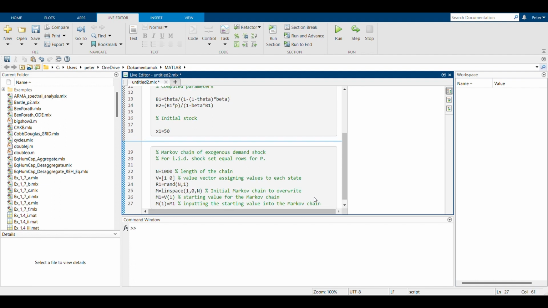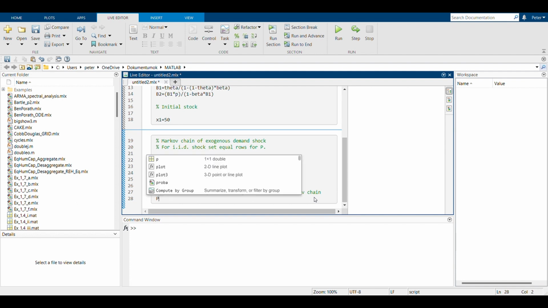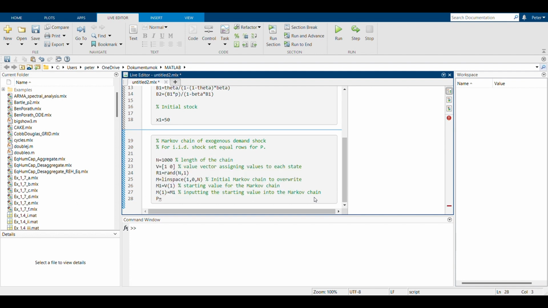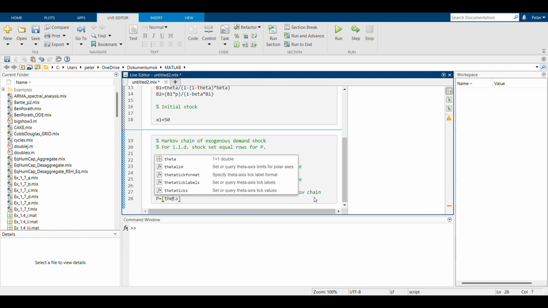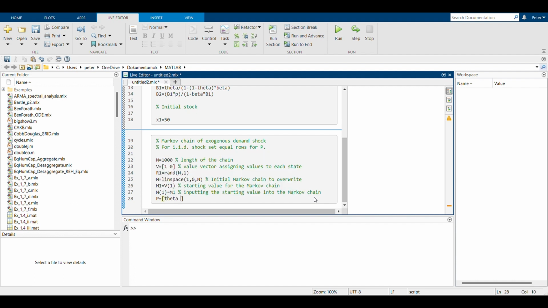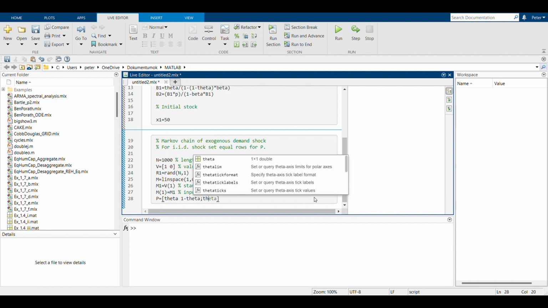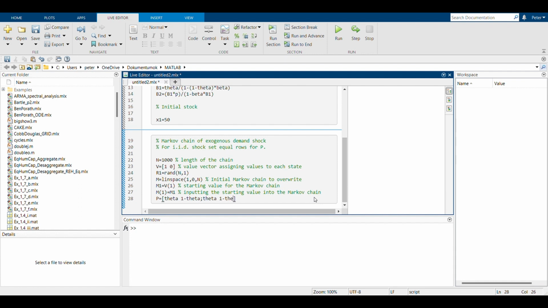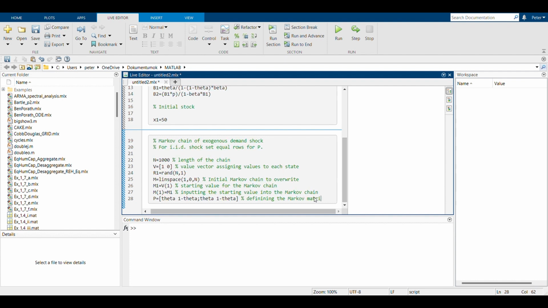Alright. And now we are defining the transition matrix. This is very simple. Please note we have IID shocks, so we have equal rows in the transition matrix. This is how we define the transition matrix or the Markov matrix.